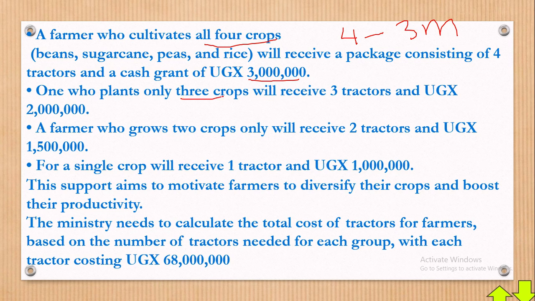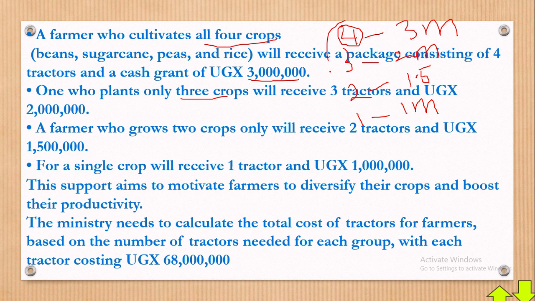The one who cultivates only 3 crops will get 2 million shillings. How about only 2 crops? The farmer will receive 1.5 million, or 1,500,000. Then for a single crop, the farmer will receive 1 million, 1M. So this is the logic. Now we must go and see those who grow all the 3 crops, and those who grow all the 3 crops are here.